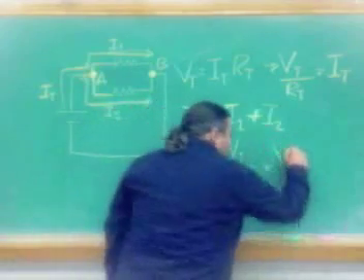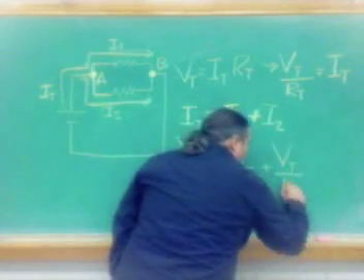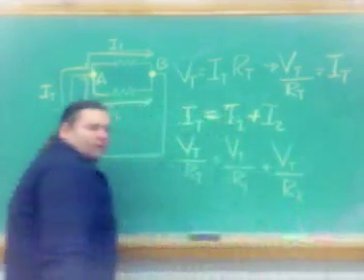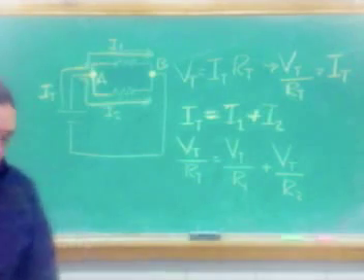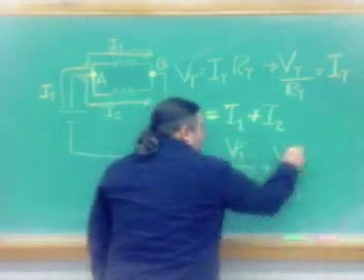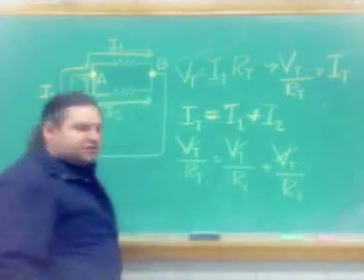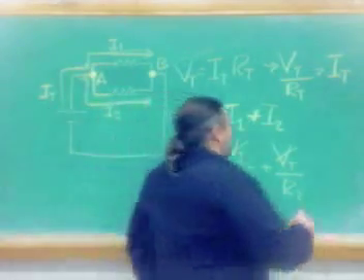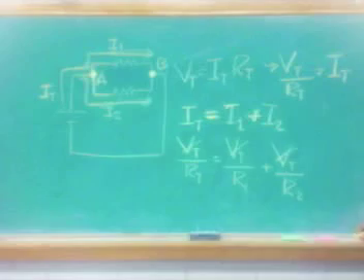Same logic for I2. Okay? So, because I have voltage total all the way across, they go away. Then I'm left with this relationship here. I'll just erase this.